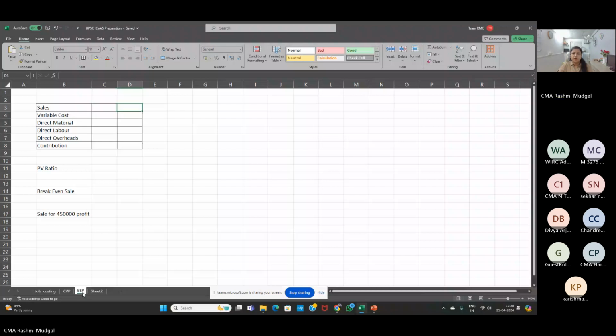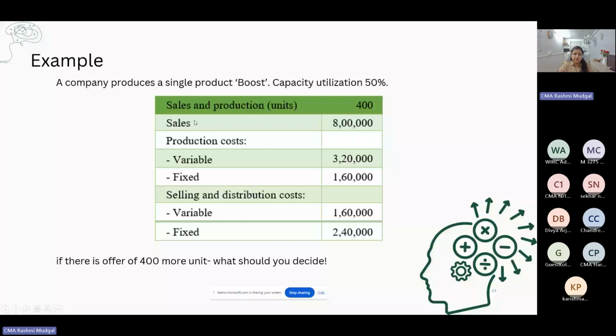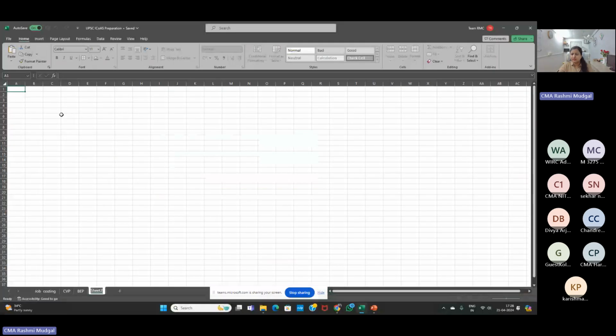I have given the sales here. This is my sales price, 8 lakh.